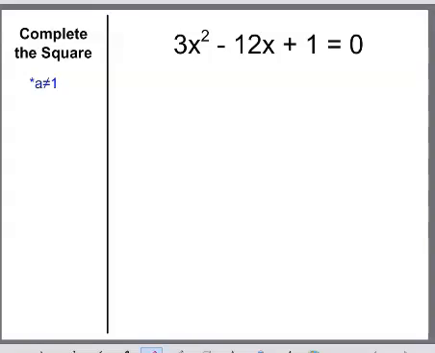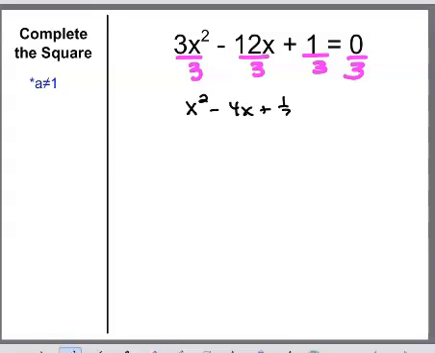So A is not 1 here. We have a number in front of x squared. So in this case, we're just going to divide everything by 3. If I divide everything by 3, we end up with x squared minus 4x plus 1/3 equals 0.